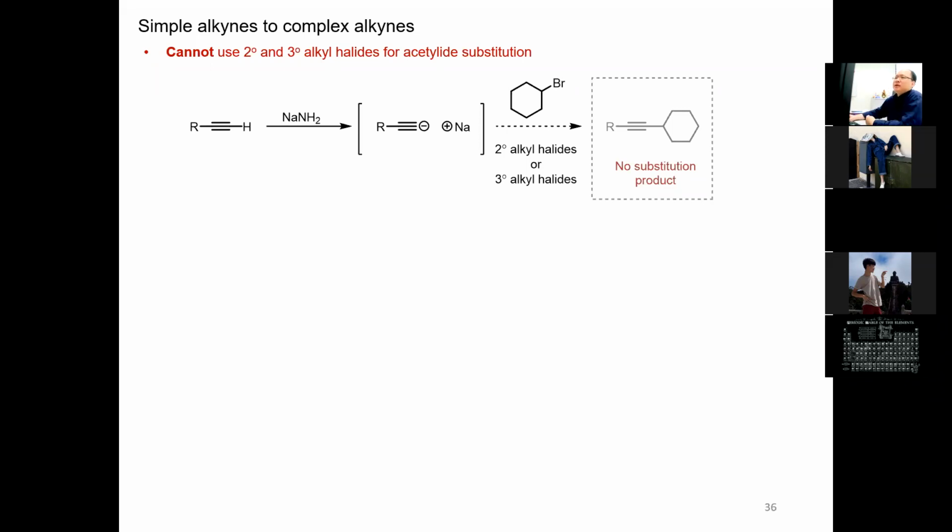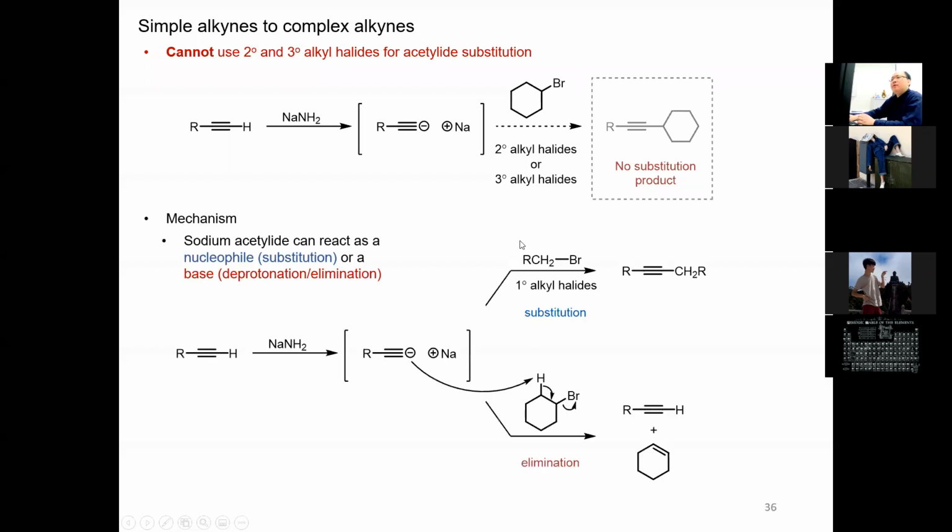All right, so you cannot say, okay, let's deprotonate this, and then we substitute this bromide here to form this. No, okay, so just keep this in mind. Be crystal clear that this reaction won't happen if you use a secondary or tertiary alkyl halide. So why? Okay, sodium acetylide can react as a nucleophile, doing the substitution reaction with primary alkyl halide.